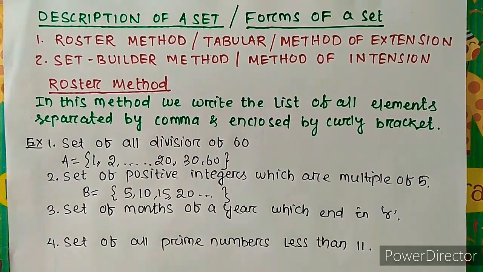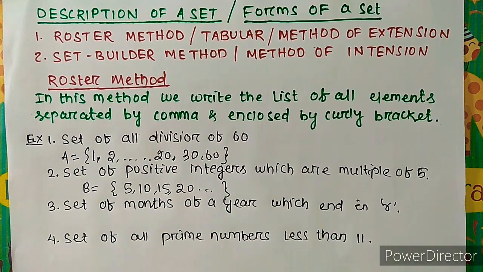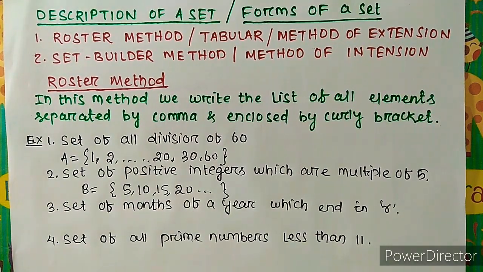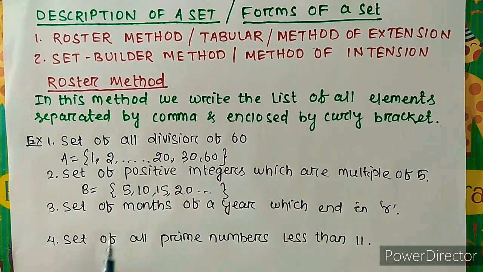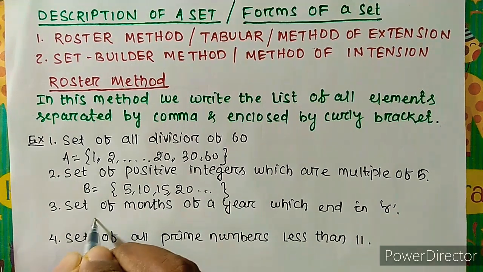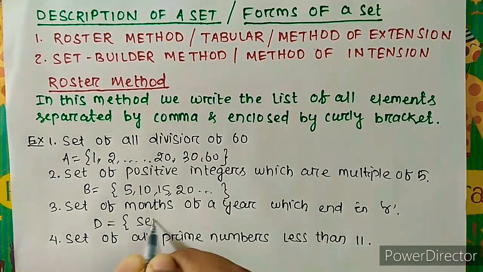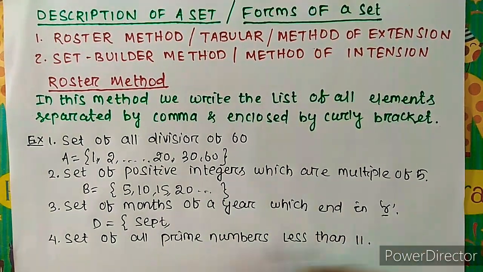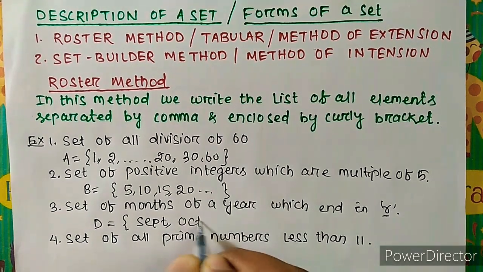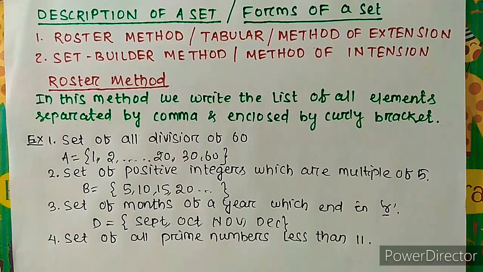And the third one is the set of the months of a year which end in R. There are 12 months, and we have to write the months which end in R. So what are those months? Take the name of the set as D, and with the curly bracket starting, we can write September, which ends in R, October, November and December.